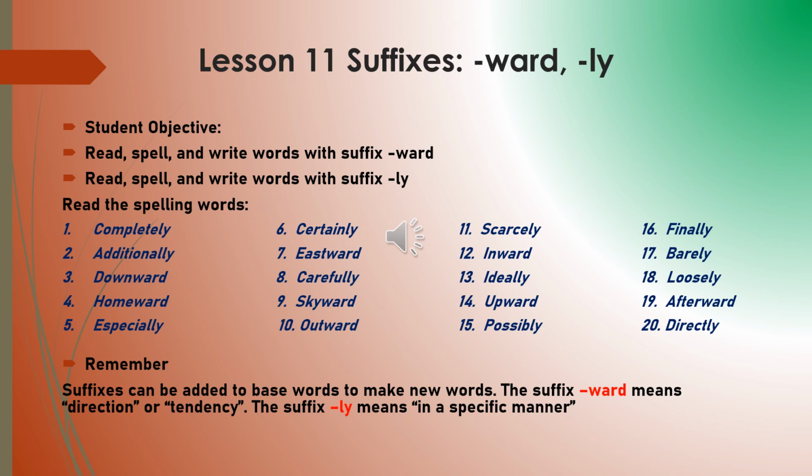So when you add this suffix to a base word, that suffix is going to change the meaning or the function of the base word. Okay? Now, remember, you are studying the suffix ward and the suffix ly. Let's continue to the next page, please.